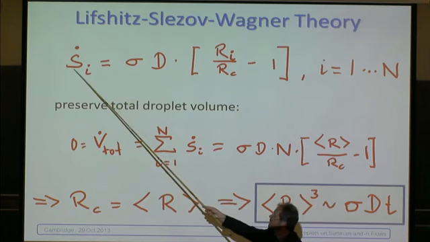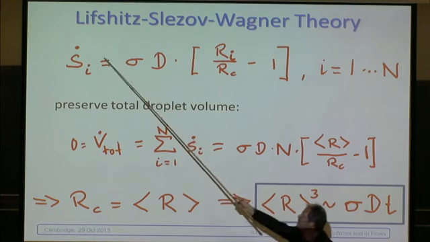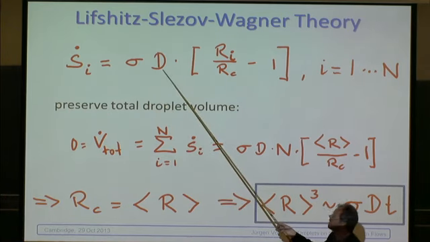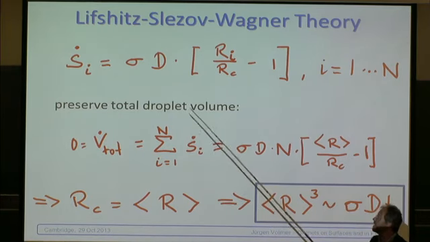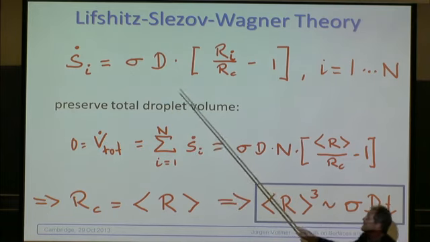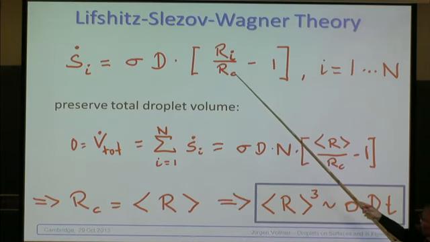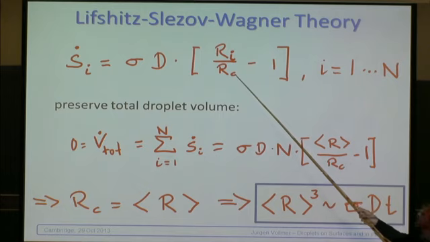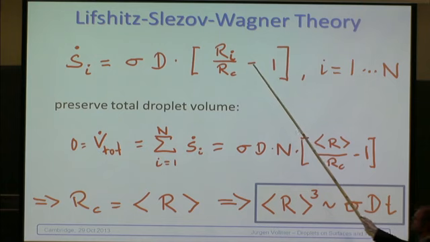When you take the volume of some droplet i, its time derivative is proportional to the diffusion coefficient, times some microscopic length scale, a few angstroms typically, which accounts for the surface tension. And when the radius is larger than some critical radius, which depends on supersaturation, the droplet grows, otherwise it shrinks. So small droplets disappear, large droplets grow.